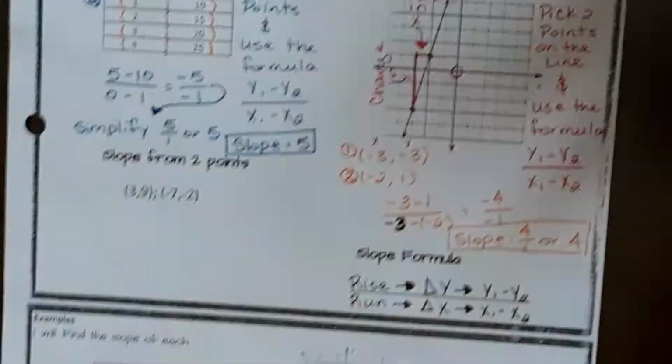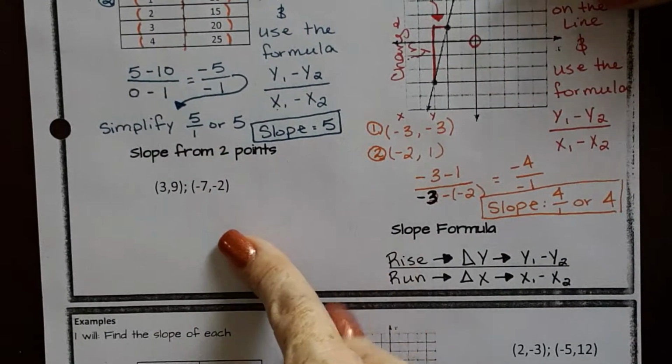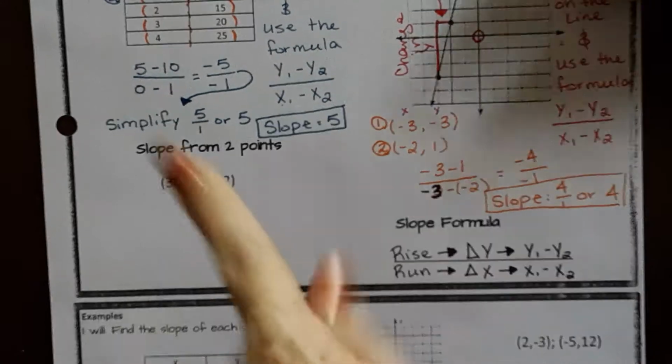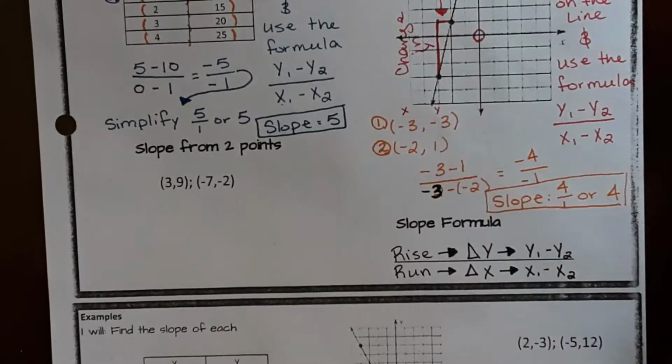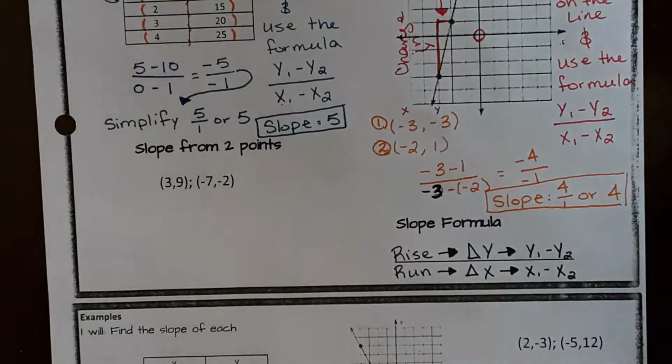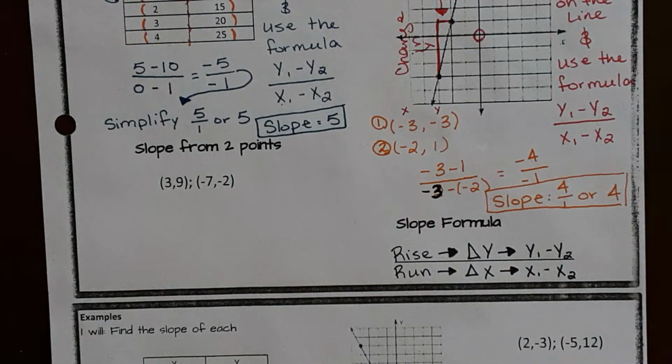And lastly, we have slope from 2 points. Again, we're going to do this exactly the same way we've been doing this. We're going to take these points and we're going to plug them in to the formula.